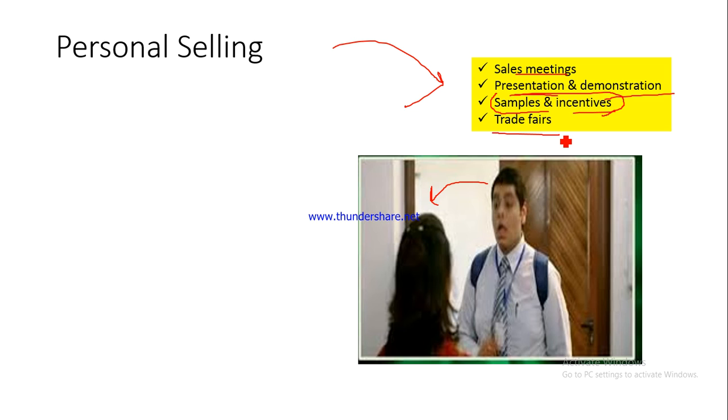You go to those stalls, you have a look at the various items, and then you may place an order. This is an example of a trade fair, right? You place an order there, and then that order is supplied by that particular marketer.